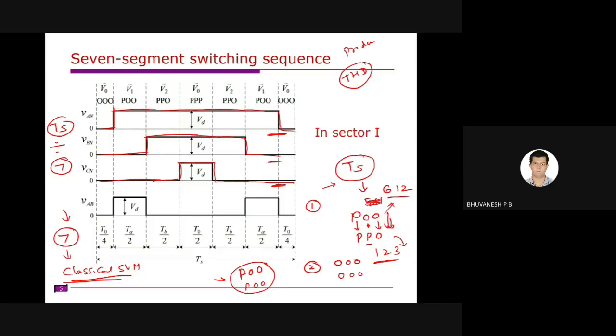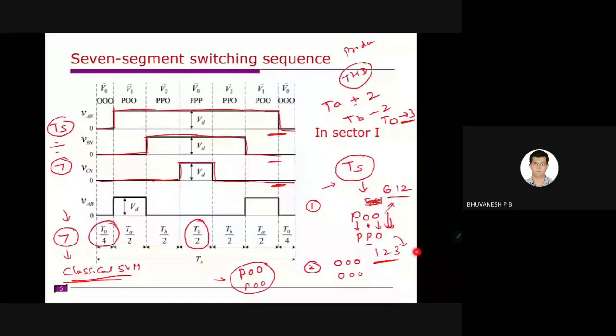What we have to do is TA is divided into two parts, TB into two parts, and T0 we divide into three parts. First we need to place half of this T0, and the remaining T0 we divide into two parts, that is T0 by 4 and T0 by 4.